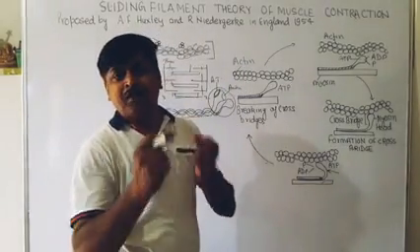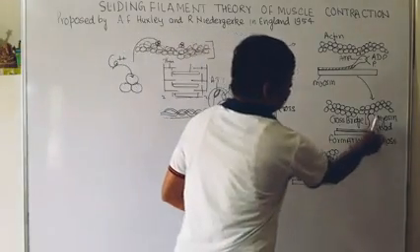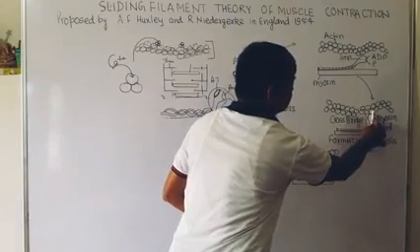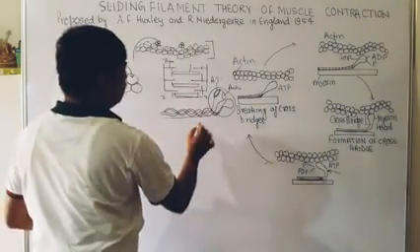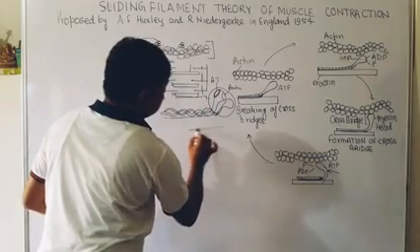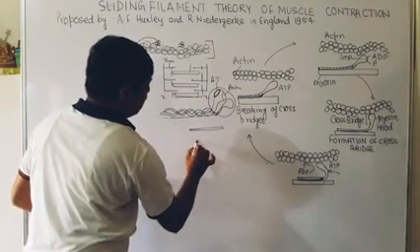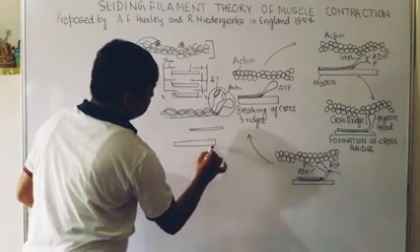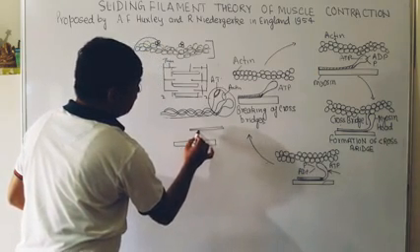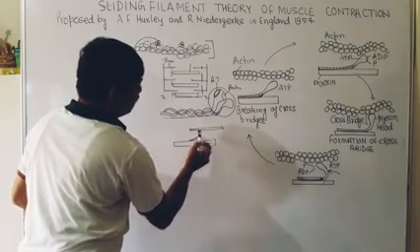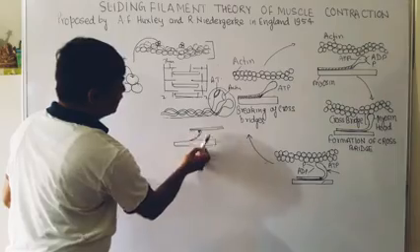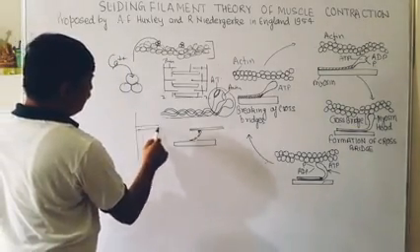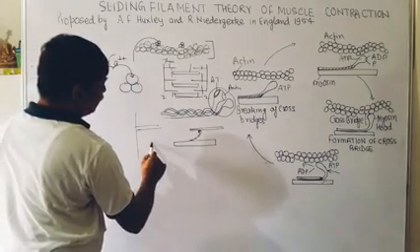Now what happens, power stroke is generated. Now the head will pull the actin like this, clear. Now this is the actin, and this is the myosin filament. The head gets attached. Now it will pull it this side, like this. A similar case occurs here also, clear.